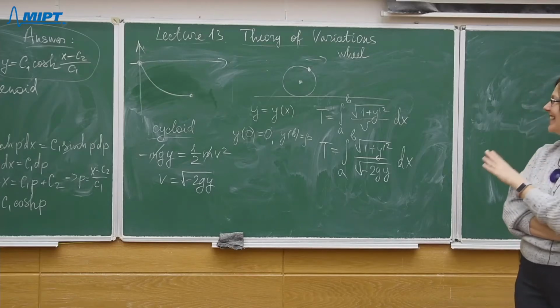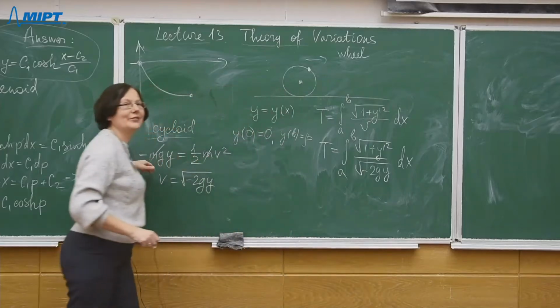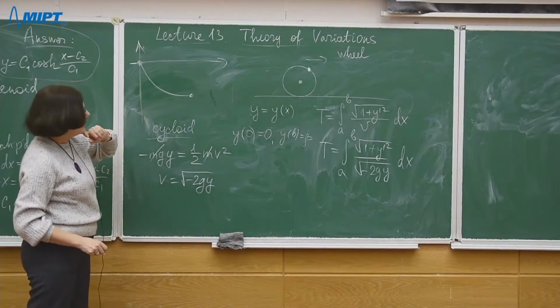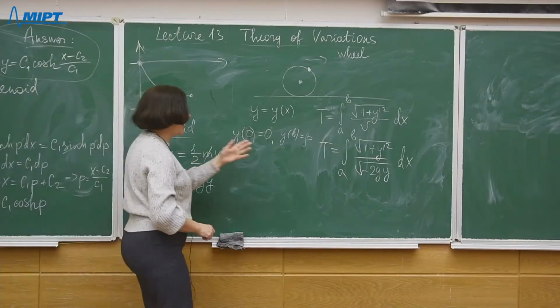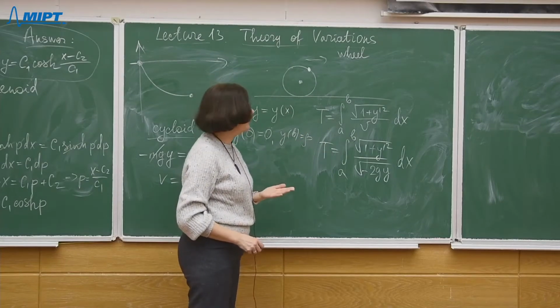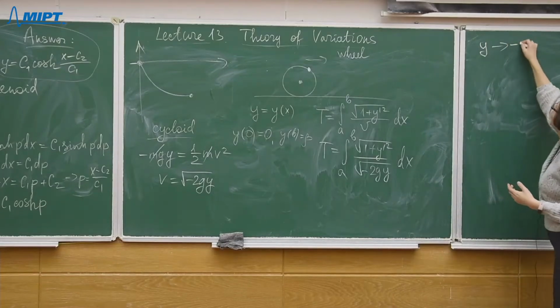Is it okay? Now it's okay, I think. So both parts are positive, yes? Minus, positive. If we make a change of variable, I don't want to work with negative y, so let it be positive, and I will change y to negative y.